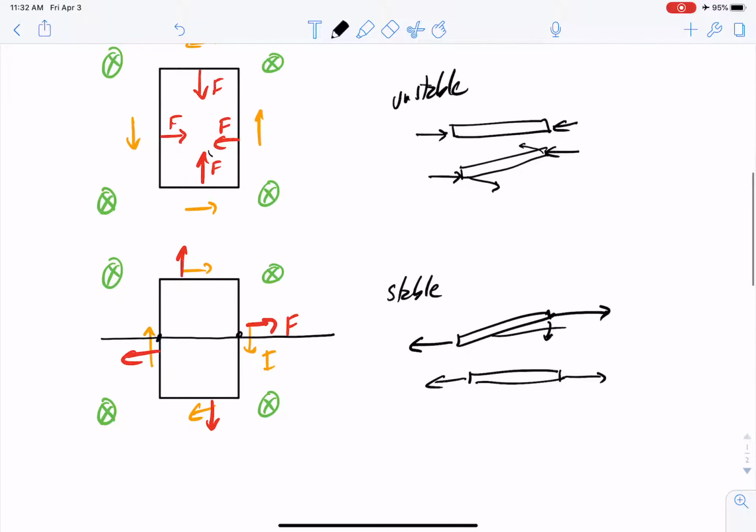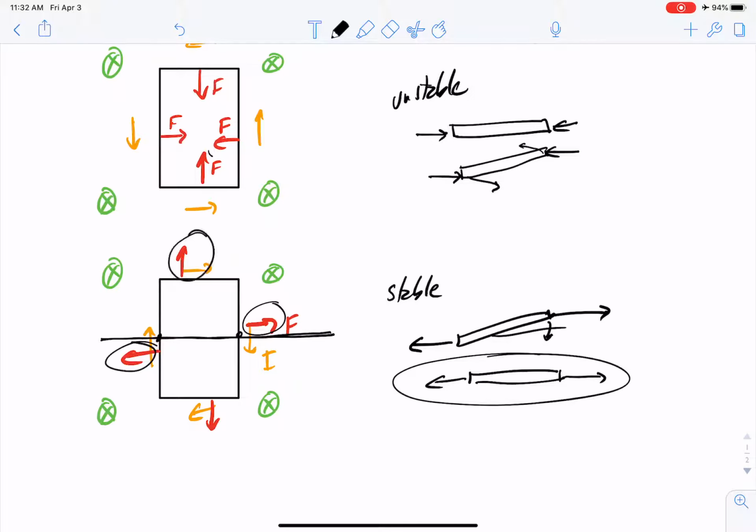Now, putting this axis through here prevents this force and that force from becoming unaligned. They can't possibly get unaligned because they're held so that they always stay like this. But these two forces can become unaligned and cause a torque.